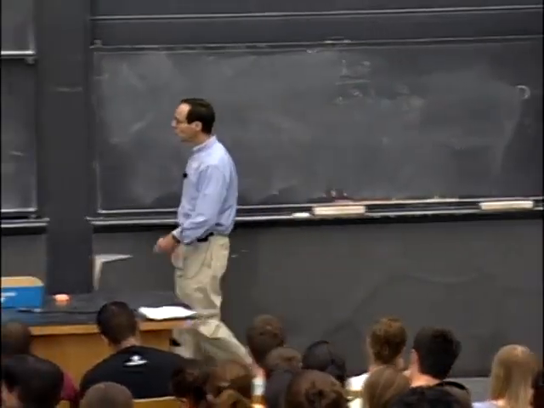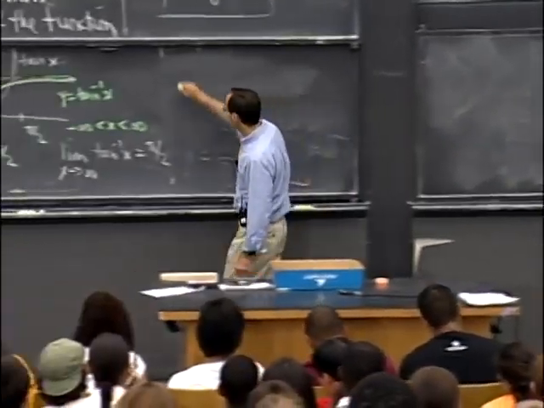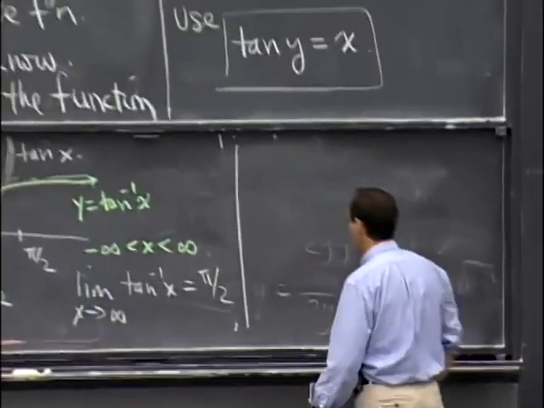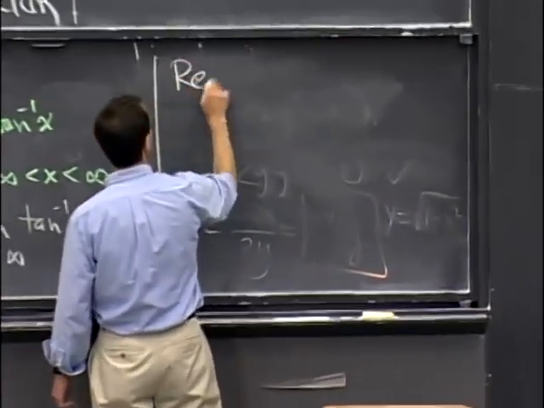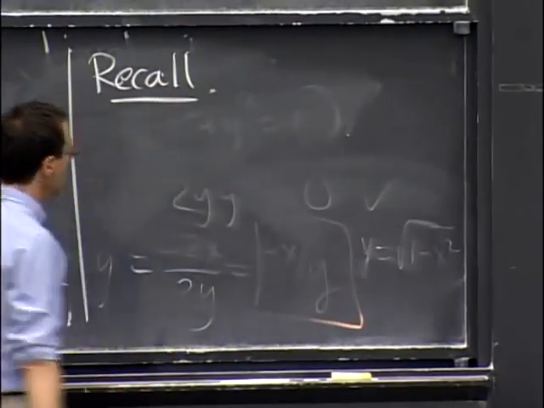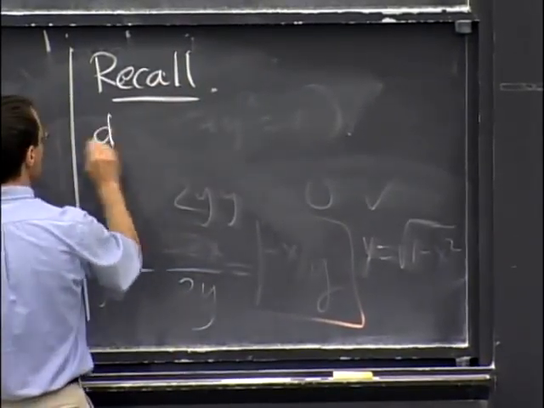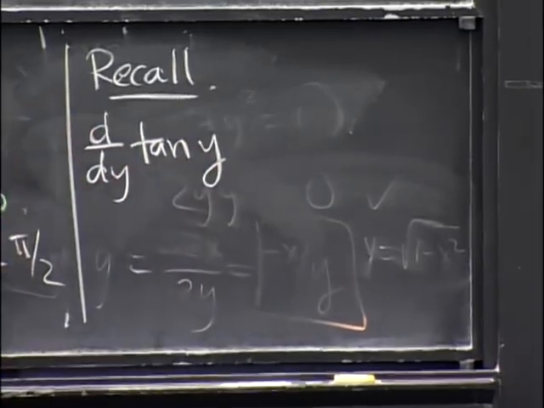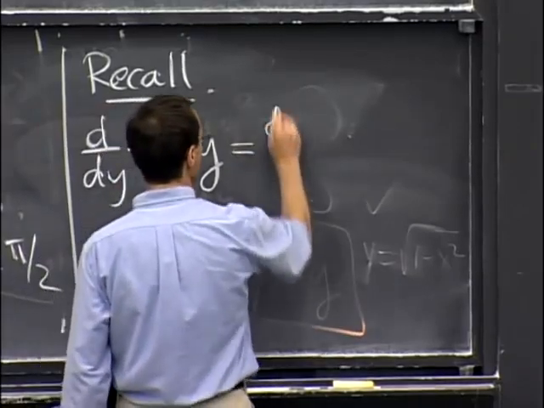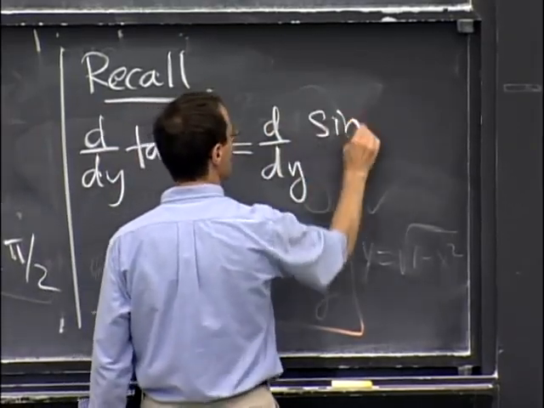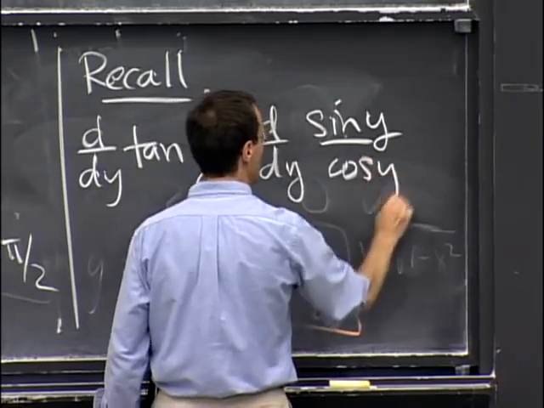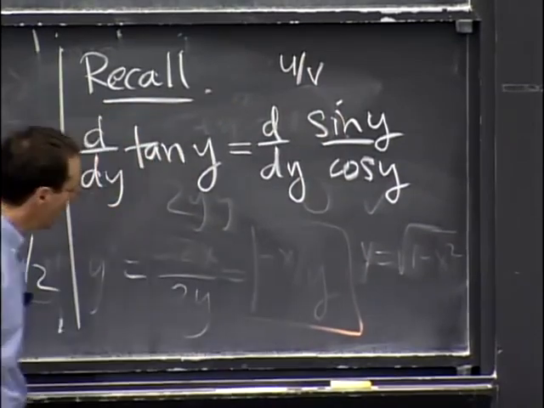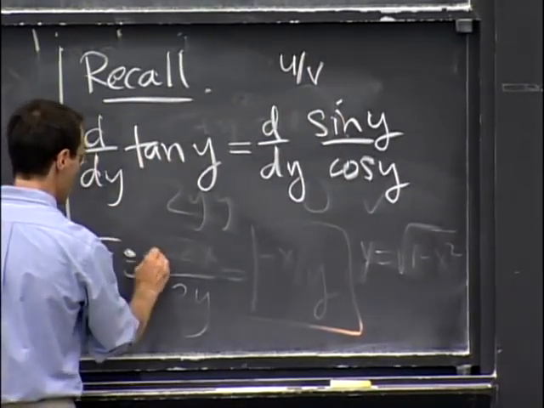Okay, so now the first ingredient that we're going to need is the derivative of the tangent function. So I'm going to recall for you, and you maybe haven't worked this out yet, but I hope that many of you have, that if you take the derivative with respect to y of tan y, you do this by the quotient rule. So this is of the form u over v, right? You use the quotient rule. So I'm going to skip this.